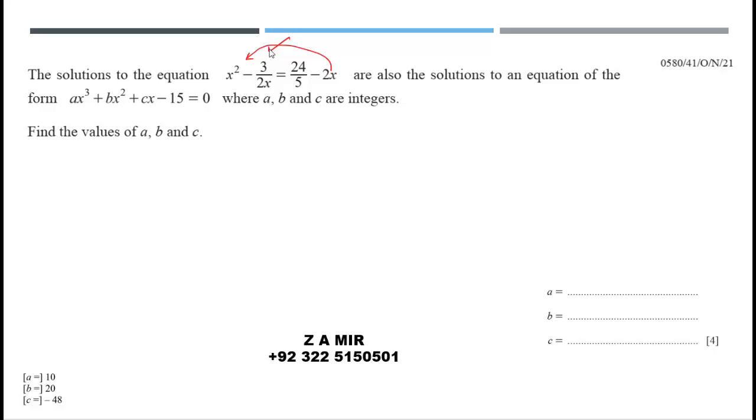It is x square plus 2x, and let me bring these fractions on one side, 24/5 plus 3/2x. Okay, the LCM is 10x. So to make it 10x, I will multiply by 5 here and here. To make it 10x, I will multiply by 2x here and here.